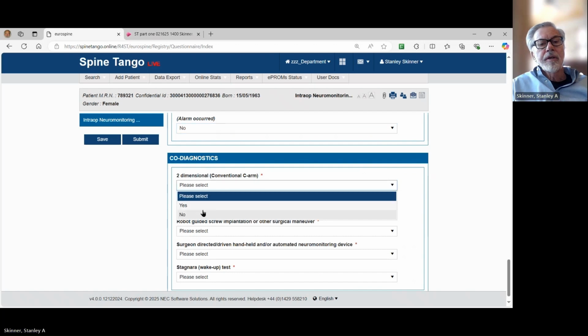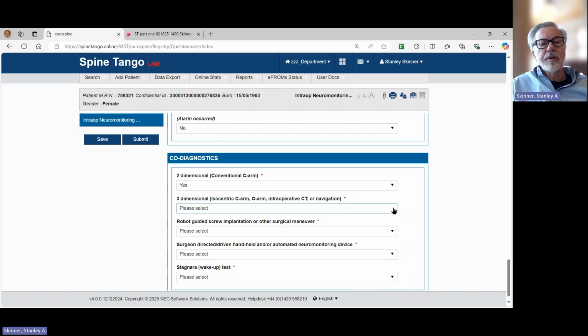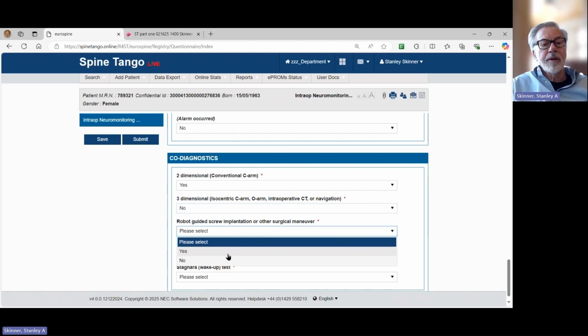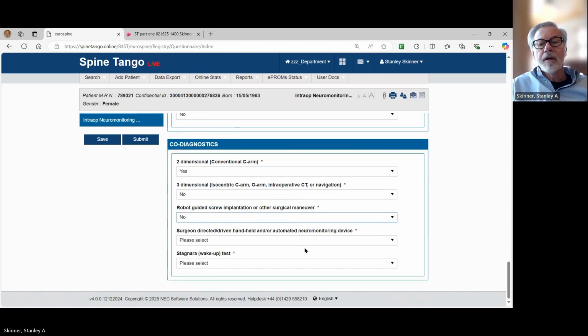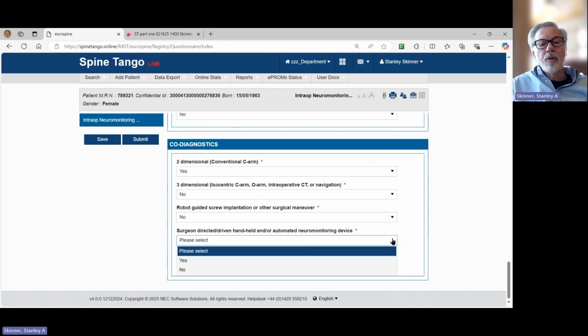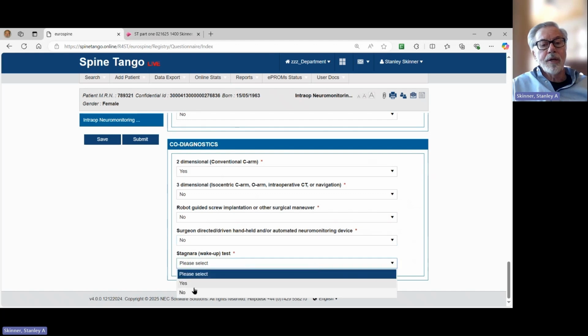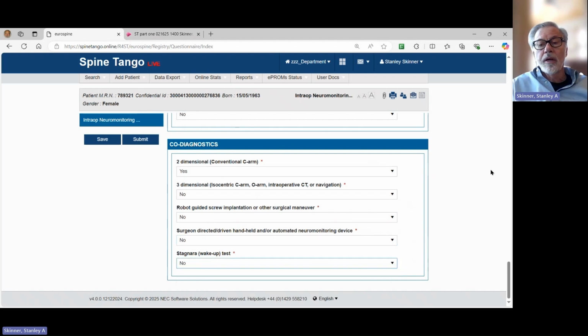Co-diagnostics: C-arm was used. Three-dimensional CT or O-arm was not used. Robot-guided screw implantation, for example, not used. And there were no other surgeon-directed automated devices for neuromonitoring used, and a Stagnara wake-up test was not used.